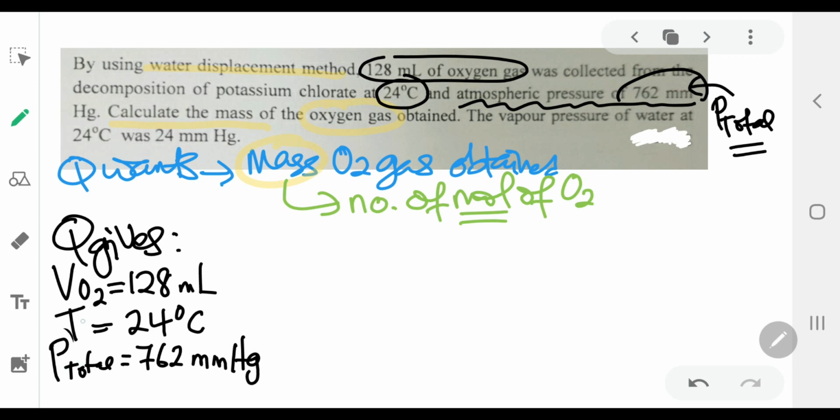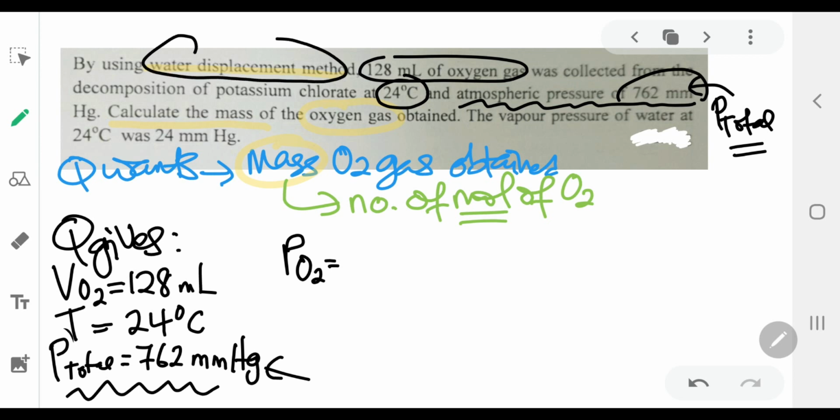Okay, so we have all of this information, and then we need to find the number of mole. We have PVTN. So what do we need to use? Of course, we need to use PV equals to nRT. But then again, we need to get the pressure for oxygen. So how do we do that? Okay, because this is water displacement method, remember?